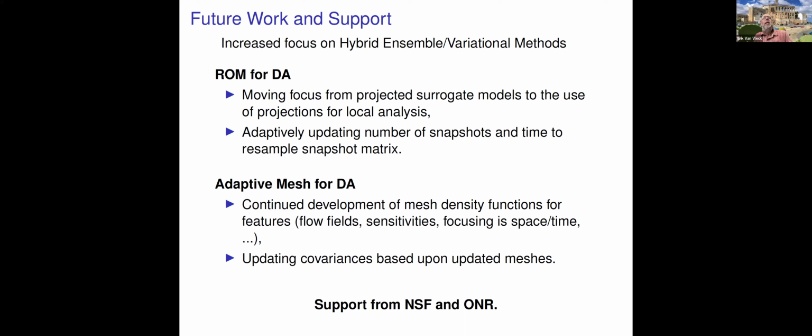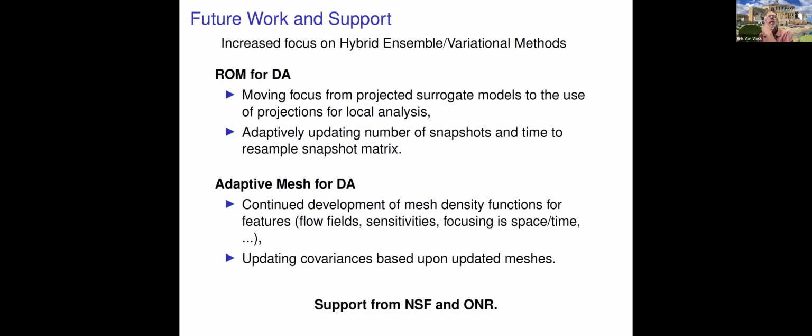And for the ROM techniques, we're focusing now a little bit more on using projections to do local analysis. Basically, local analysis like domain localization is done with trivial projections, zero-one generators.